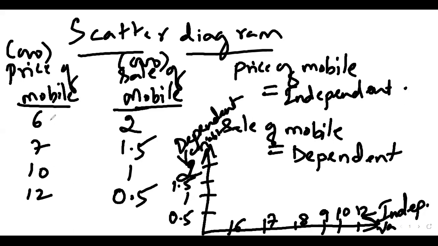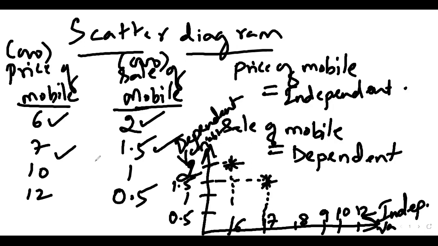The first point to plot is 6 and 2. Next is 7 and 1.5.